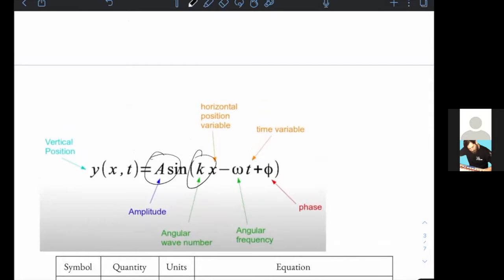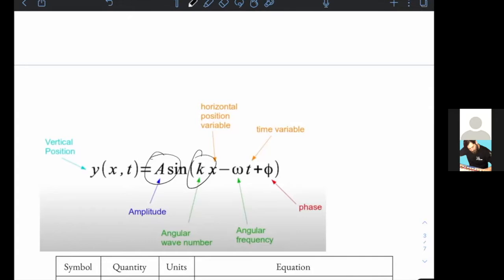Like the frequency of position. There's a name for that, but it's like frequency as it relates to position. We've got our angular frequency, our frequency in time right there, omega. We've got a time variable. We've got our horizontal position variable, and we also have this phase term, which we actually don't have in the problem.